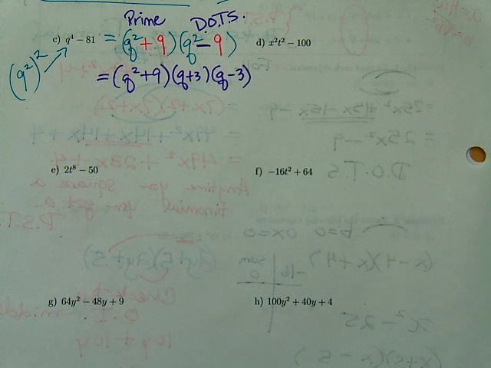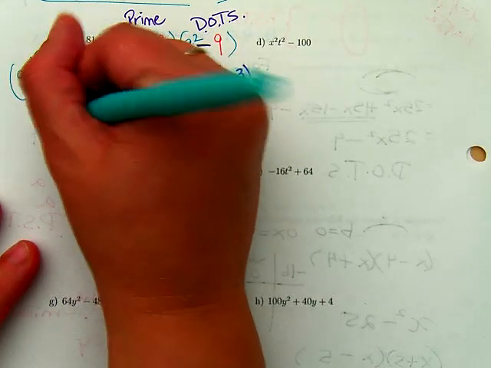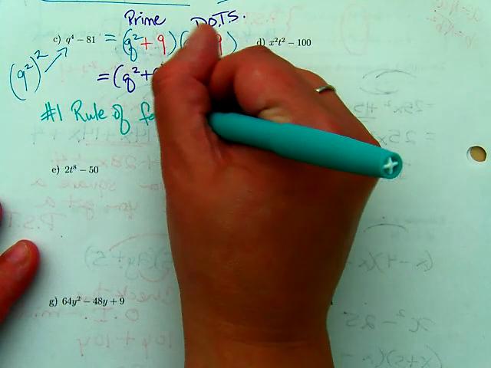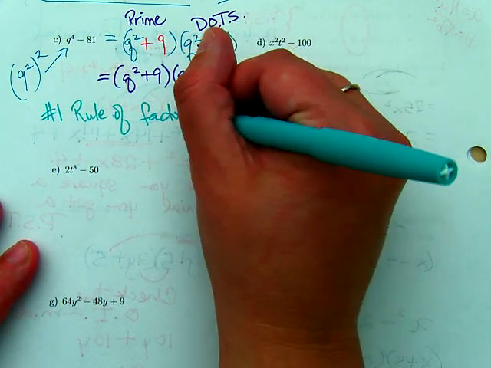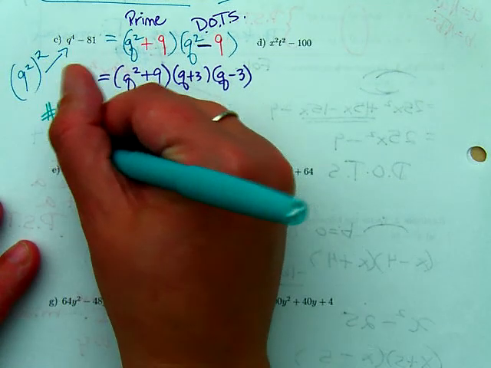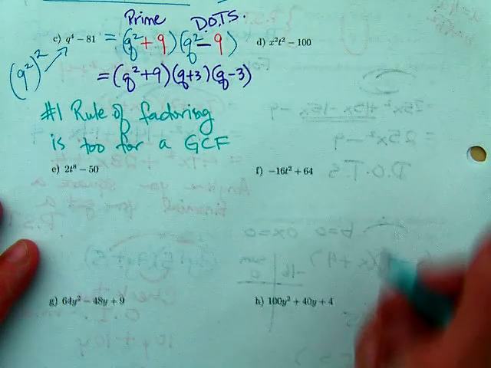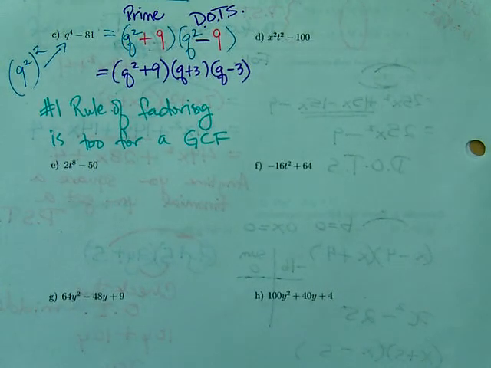Number one rule of factoring. Always look for a, let's write that down. Number one rule of factoring is to look for a GCF. Now, I don't just mean look for it.